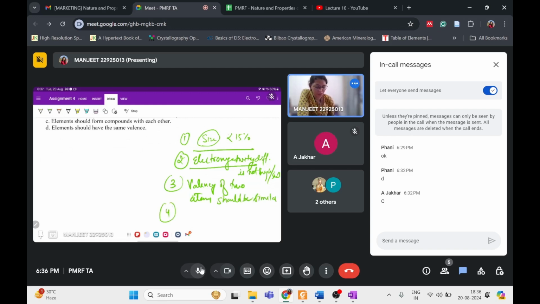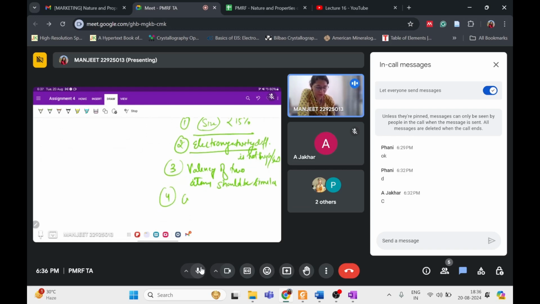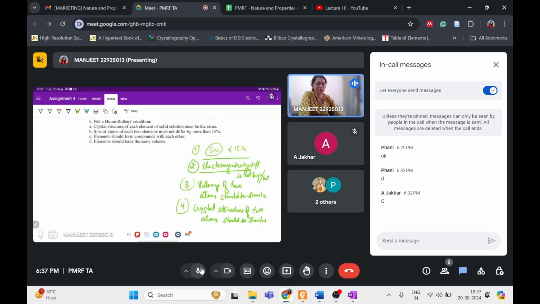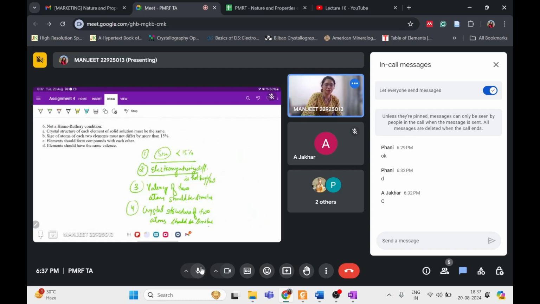And number four, what about the crystal structure? The crystal structure of the two atoms should be similar. So these are the four Hume-Rothery conditions. According to this question, which one is not a Hume-Rothery condition? Just let me know.